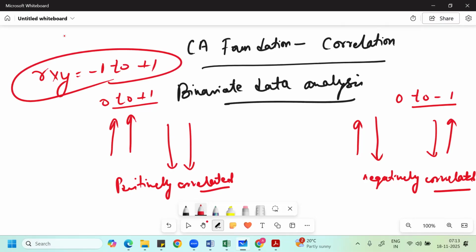I hope you got some idea here. Giving you some practical application, you can consider the movement of gold with respect to the movement of the stock market.